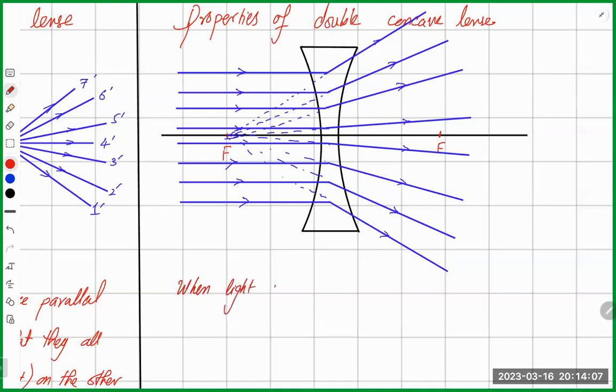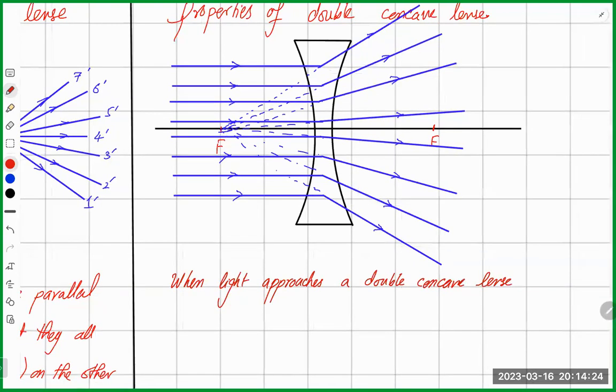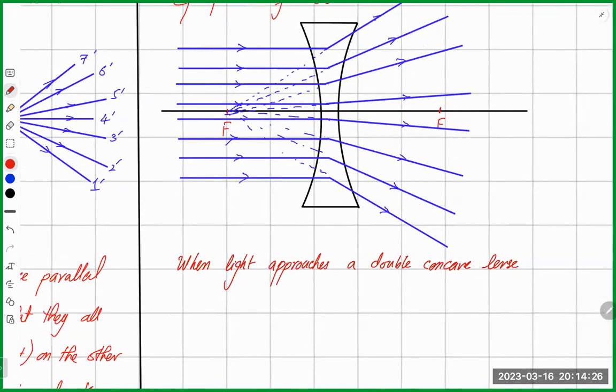When light approaches a double concave lens, if you already have this PDF with you, you can write it over there.